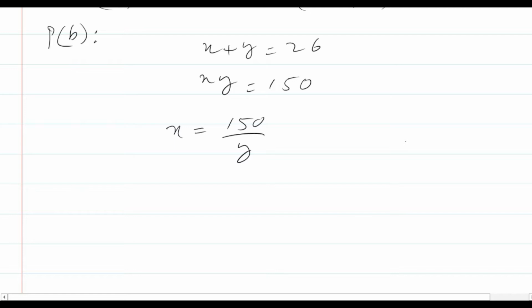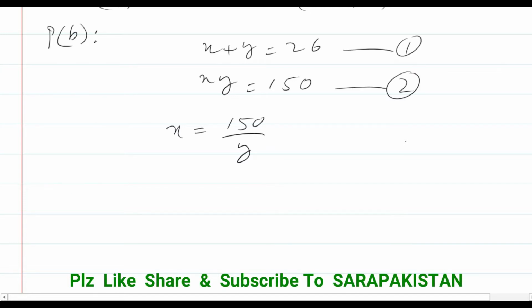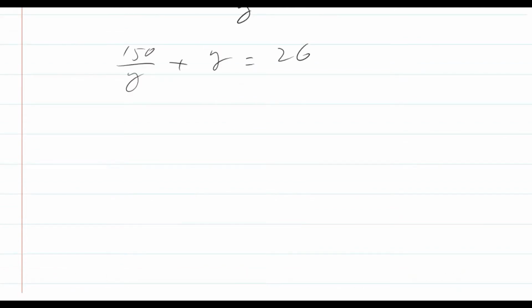This is the first equation and this is the second equation. So 150 over y, this is x, plus y is equal to 26, and now multiply throughout by y.